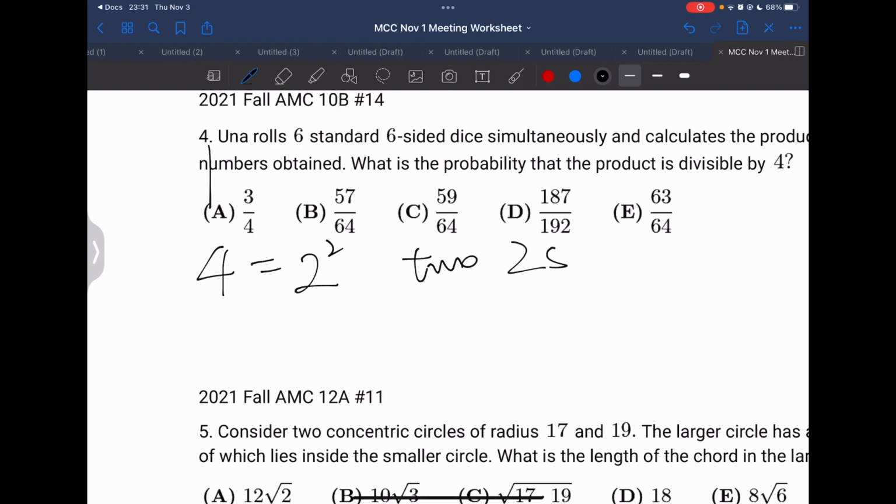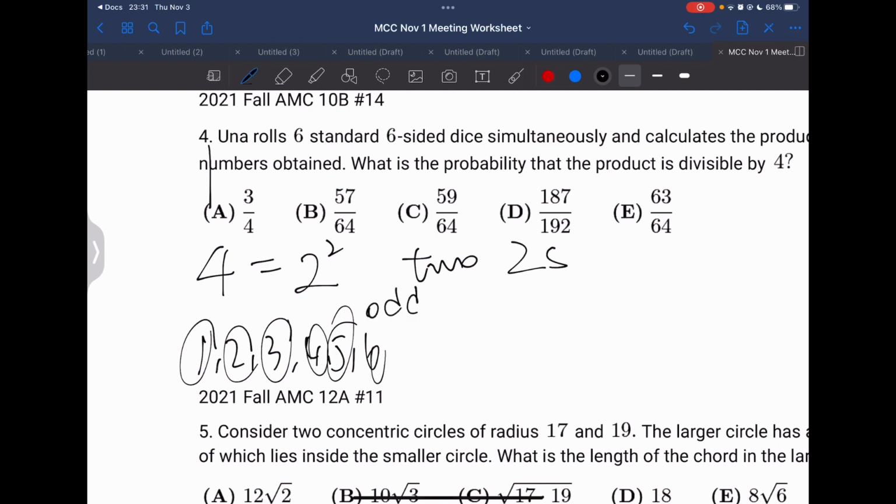And we think about a die. So a die is 1, 2, 3, 4, 5, 6. There are 1, 3, 5, which are odd, and 2, 4, 6, which are even. So there are 3 odd numbers and 3 even numbers.